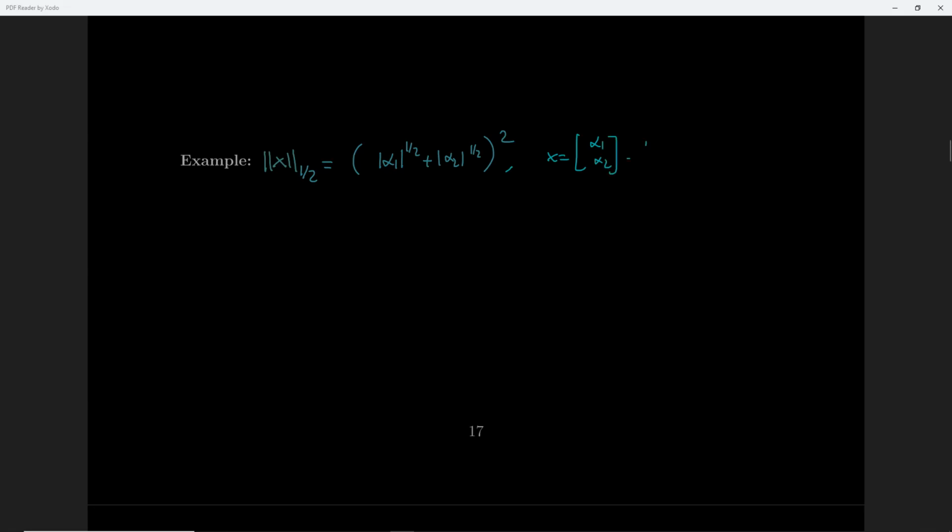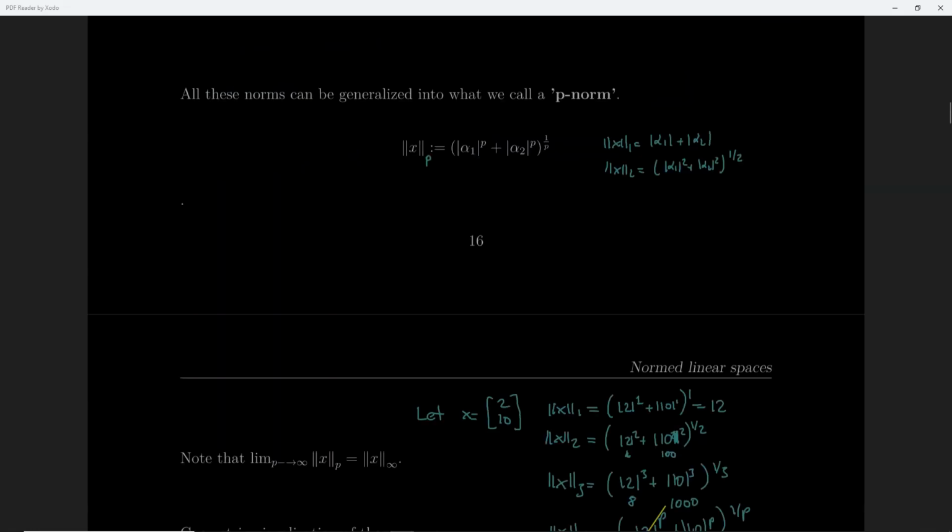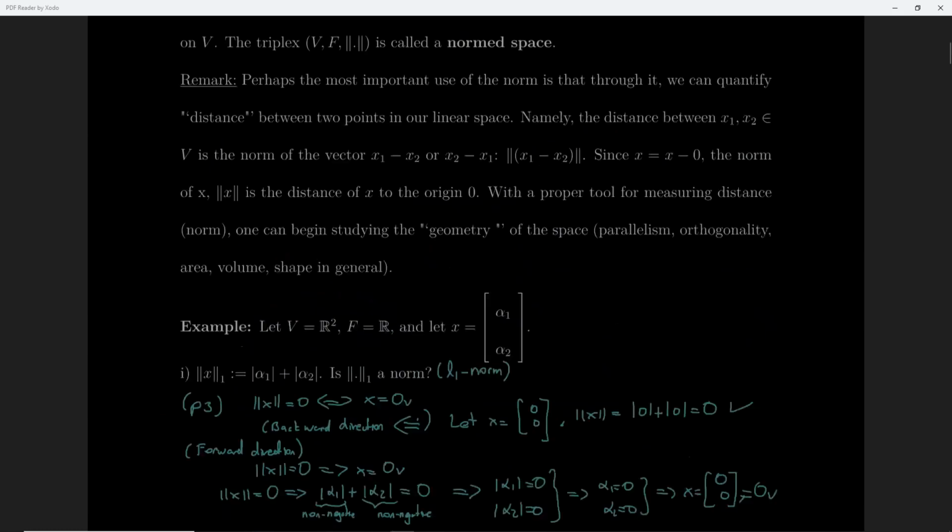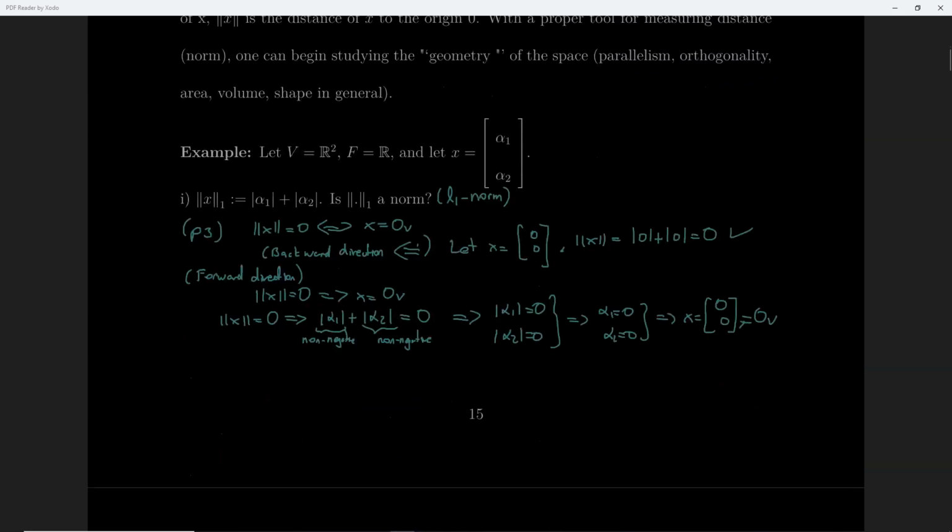And the question is whether that definition gives us a norm. If we can find a counterexample where one of these axioms of the norms is not satisfied, then we can say that that is not a valid norm definition.